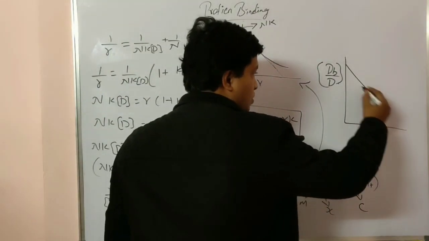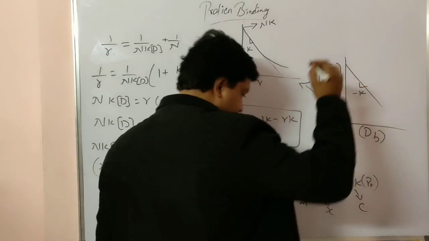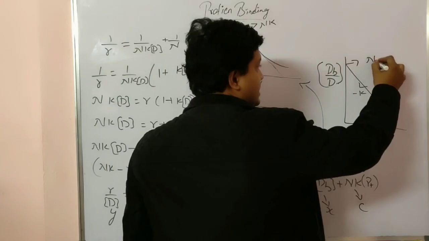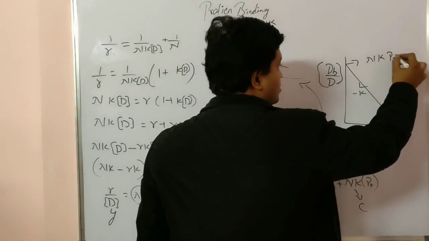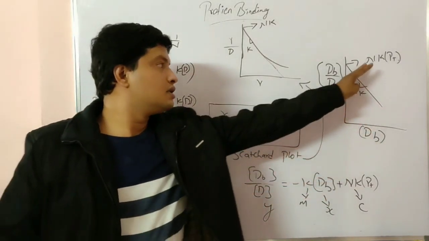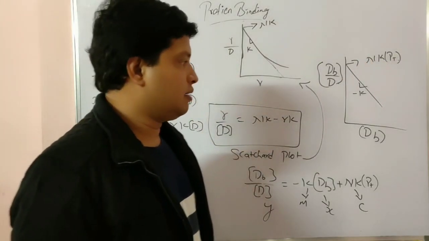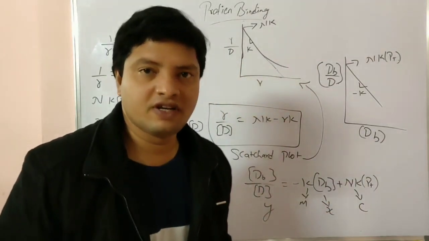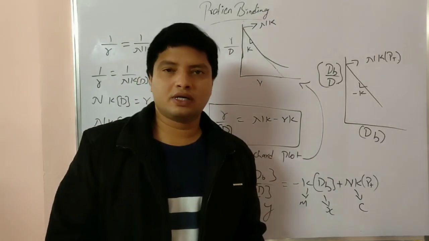The slope will give minus k, and the intercept will give n, k, and the concentration of total protein together. This is how the graph will look for this. And this finishes the kinetics of protein. Hope you understood. Thank you.